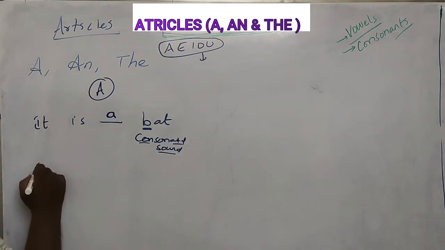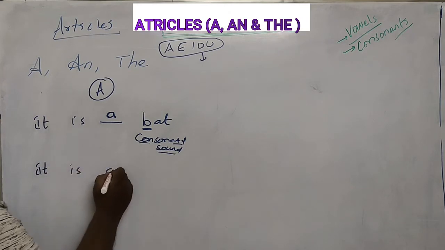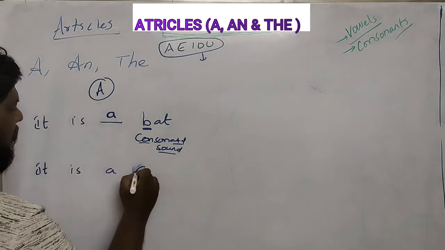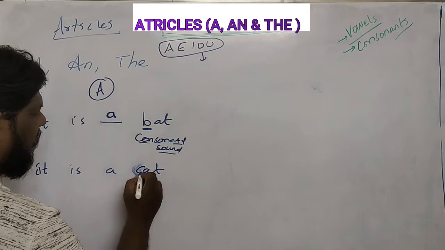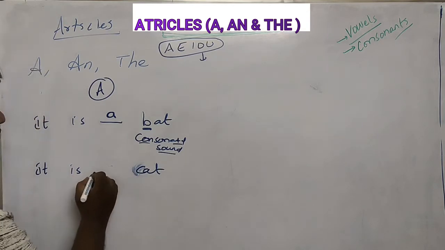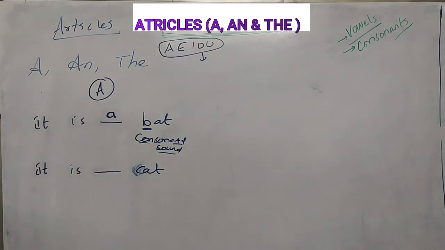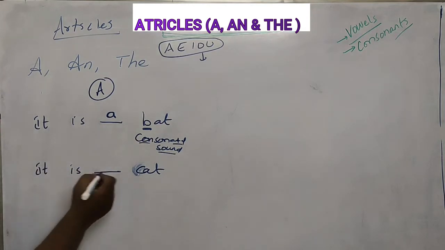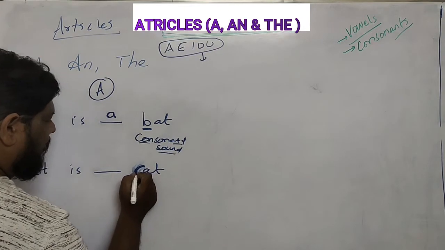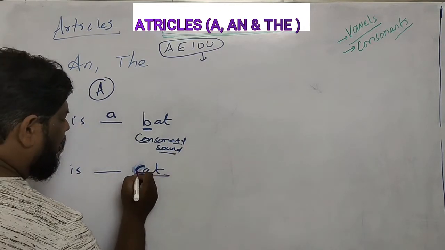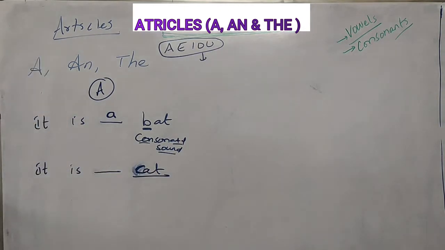Now, if I write it is a cat. Now, if I write here it is dash cat. What do you write here, A or an? Again A. Why? Because this is a C. But you are not pronouncing C as C here, isn't it?